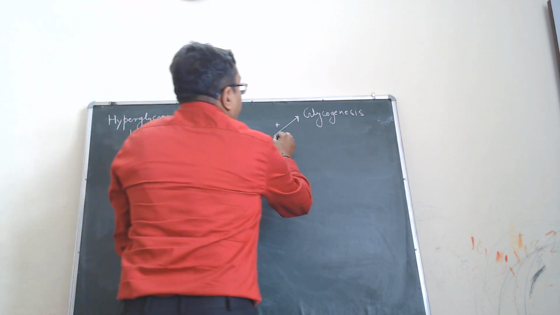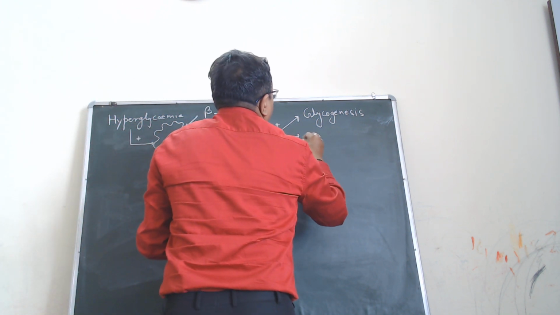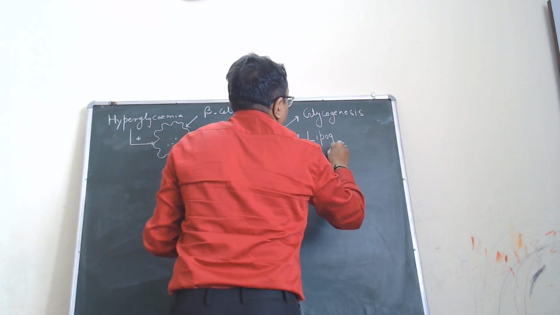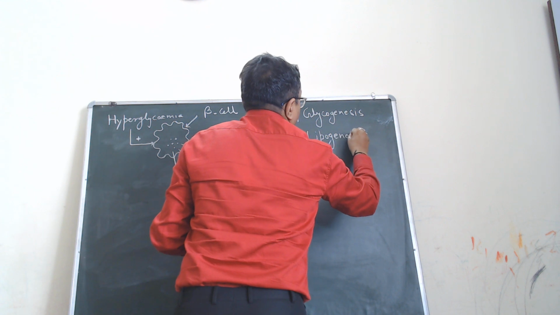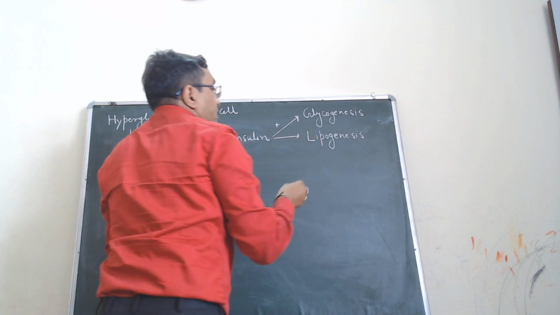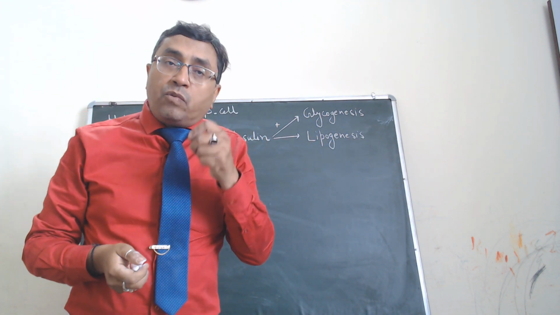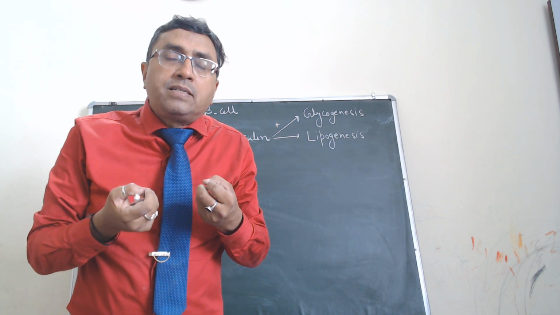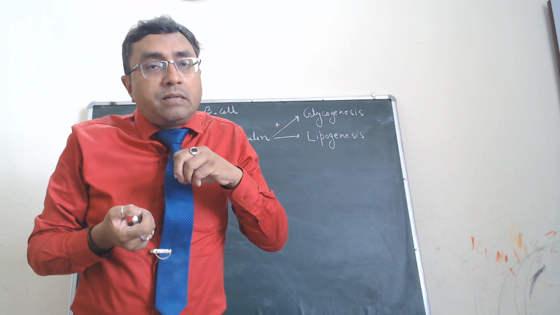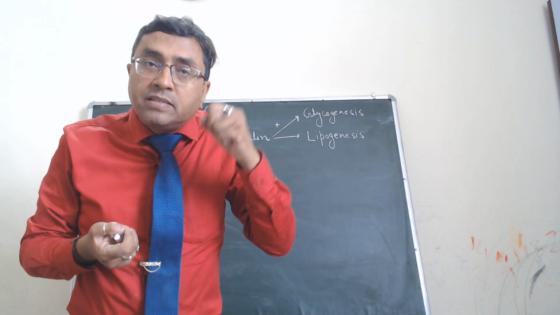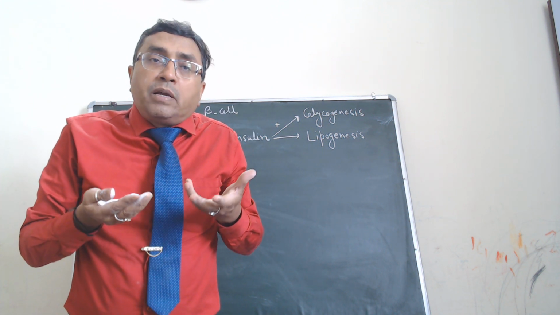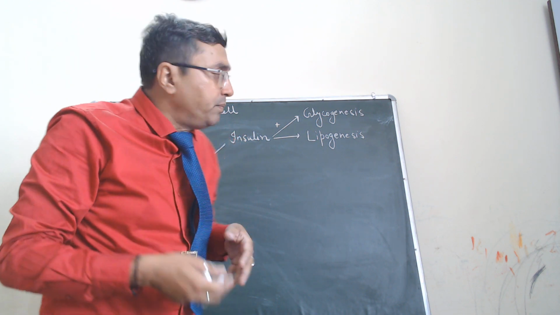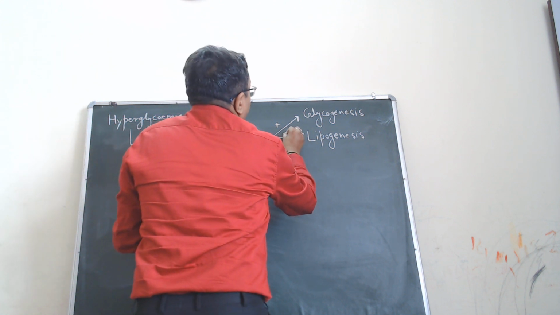Next important function is lipogenesis. It means insulin is involved in lipid biogenesis. To promote this task, insulin stimulates acetyl coenzyme A carboxylase enzyme to start the lipogenic events, that is formation of lipids. Is it okay?